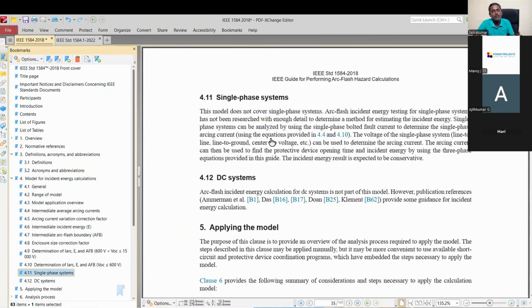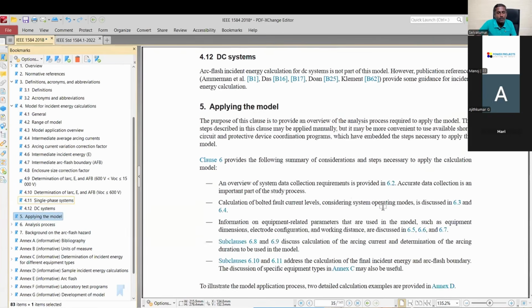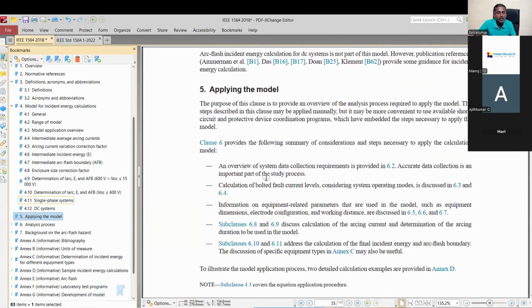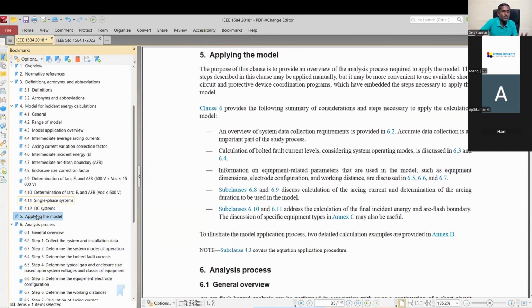They give some cross references, but this entire model is only for a 3-phase system from 208 volt to 15 kV. For single phase and DC systems, they have probably given some guidelines. How to apply this model is also given. Now come to the actual steps.